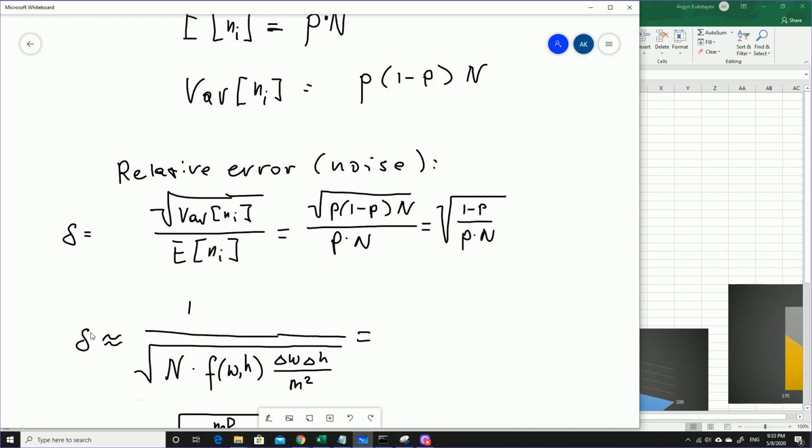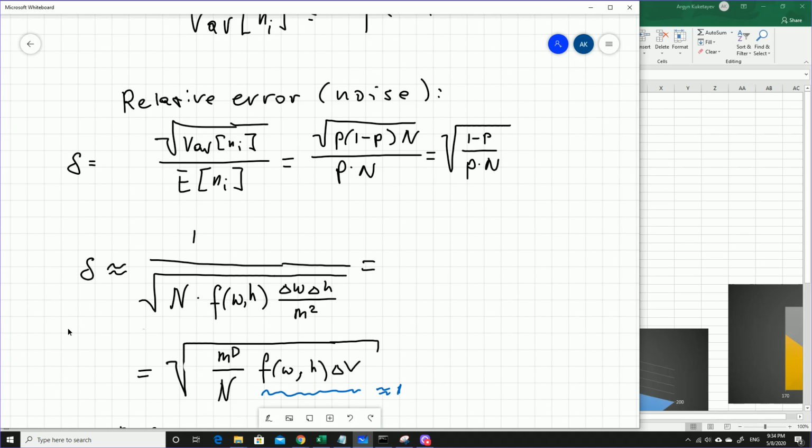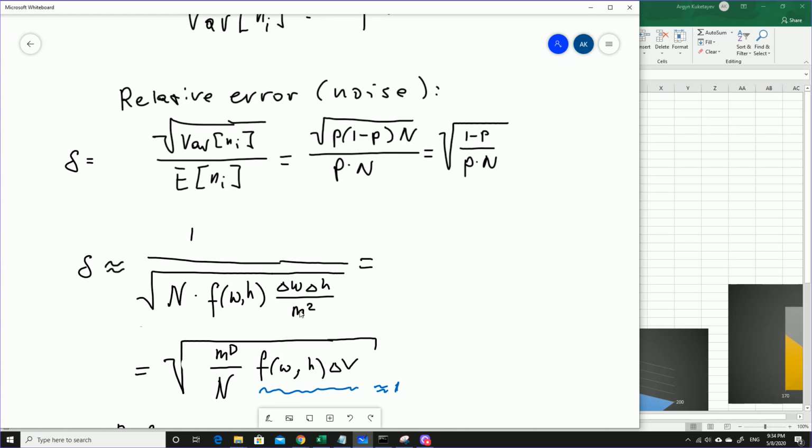But then we can simplify further. Usually p is low, the probability is low, so I will just replace 1 minus p with 1 and get the following expression. Now I'm going to make a further rearrangement. I'm going to pull m up, and m, if you remember, is the granularity of our grid, right?